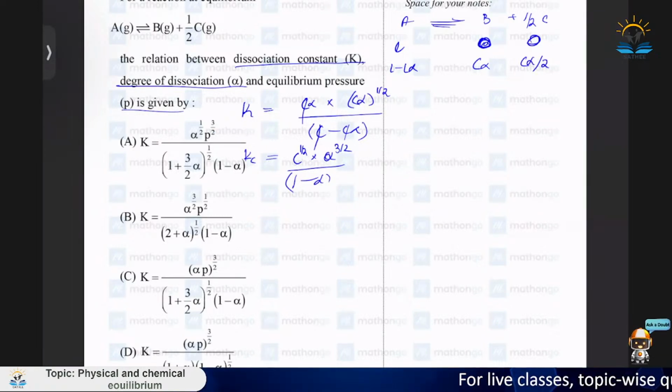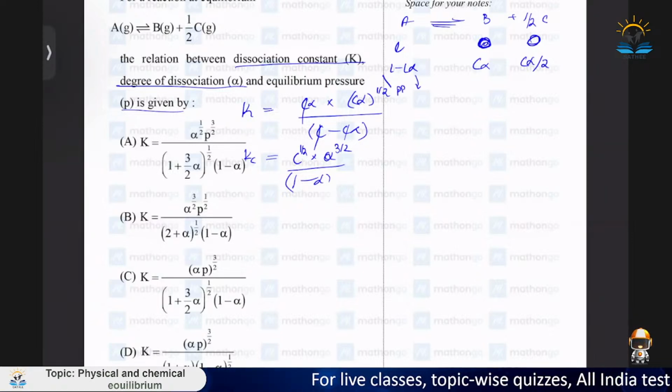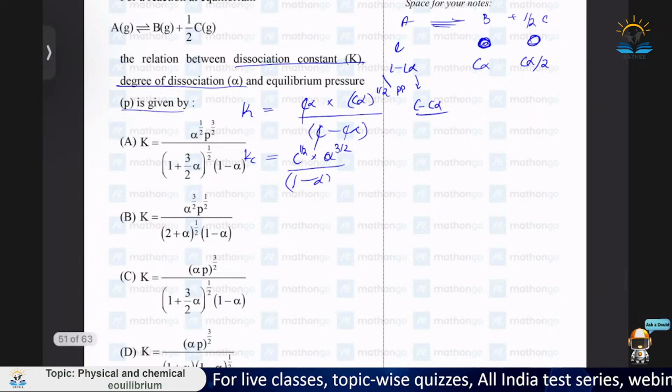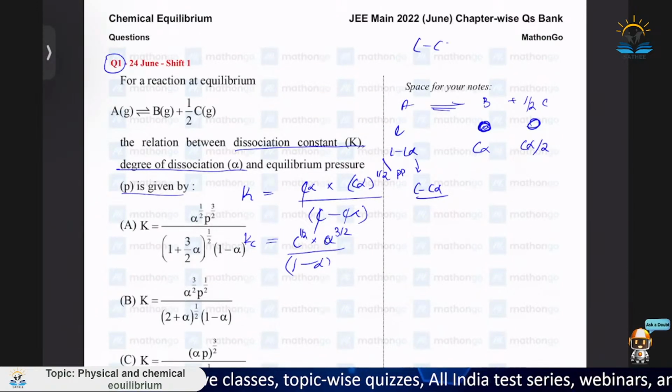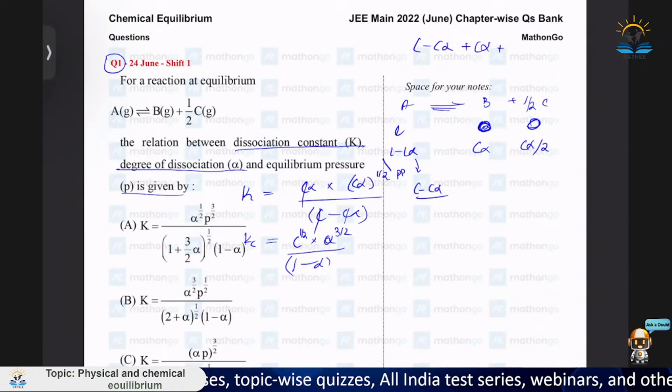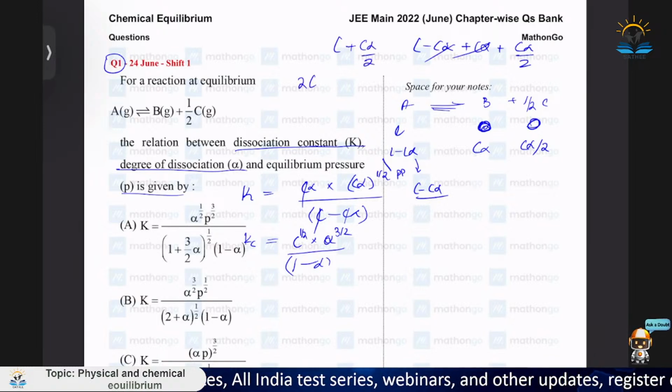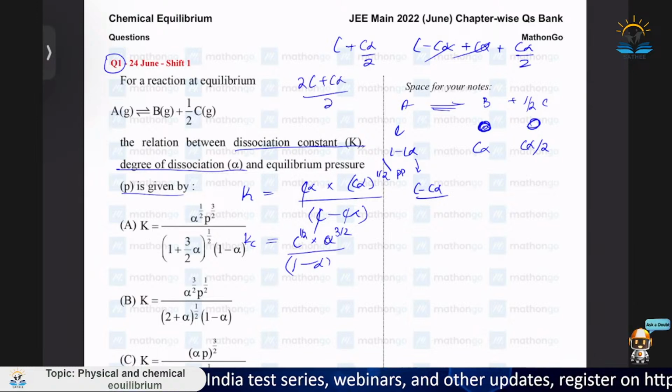So for pressure, let's find the partial pressures. Partial pressure of A will be C minus C alpha upon total. What is the total moles? Total moles is C minus C alpha plus C alpha plus C alpha by 2, so 2C plus C alpha by 2.